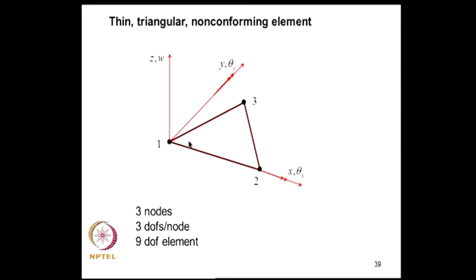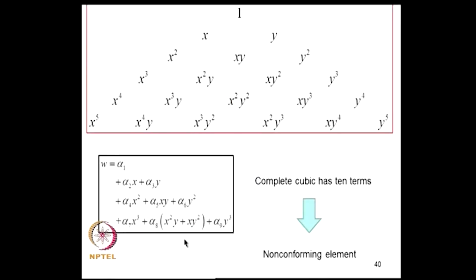Now, this has 3 degrees of freedom per node, therefore, it has 9 degrees of freedom. So, the field variable must now be represented in terms of these 9 degrees of freedom element.